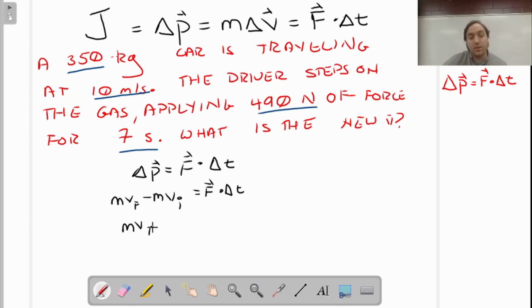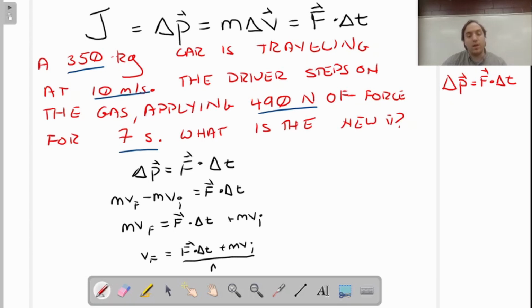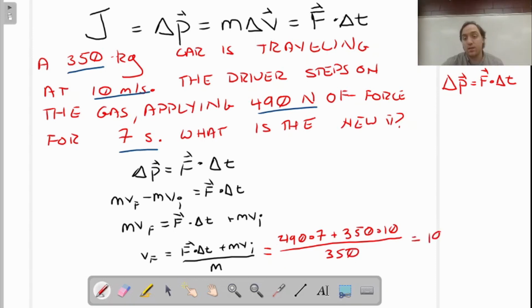So m v final equals F times delta t plus m v initial. v final equals F times delta t plus m v initial, over m. Plug in all my numbers. I will get 490 times 7 plus 350 times 10, over 350, which equals 19.8 meters per second.